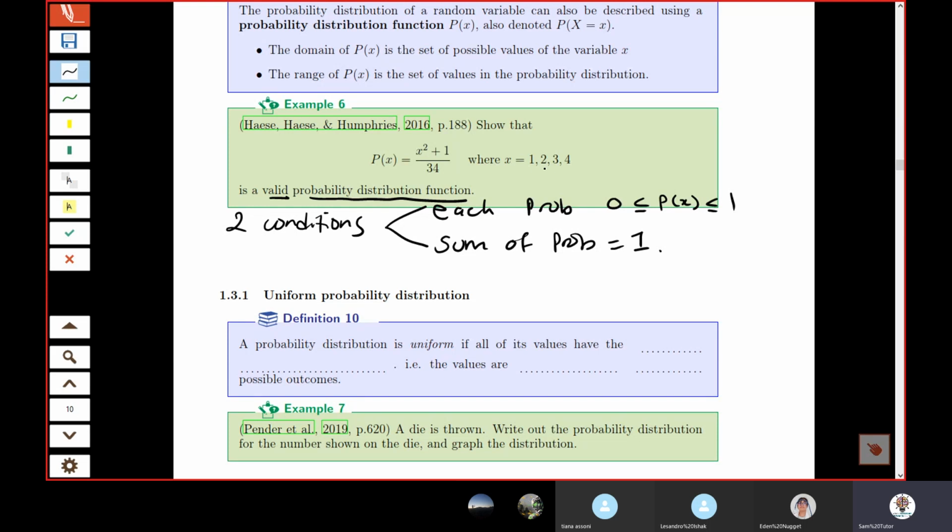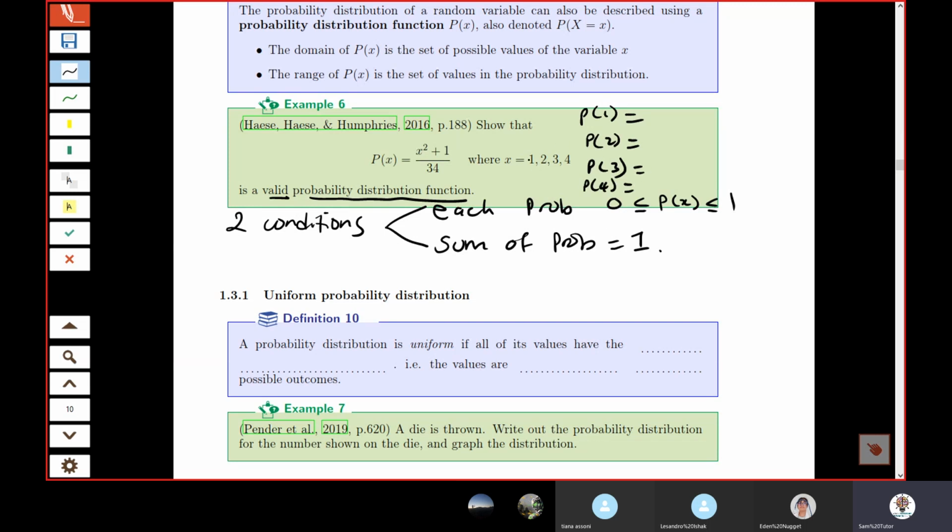So if we're allowed to use this function to model this probability, then these two conditions must hold true. So let's check. If I sub in 1, so P of 1, you can almost say I'm doing functions here.